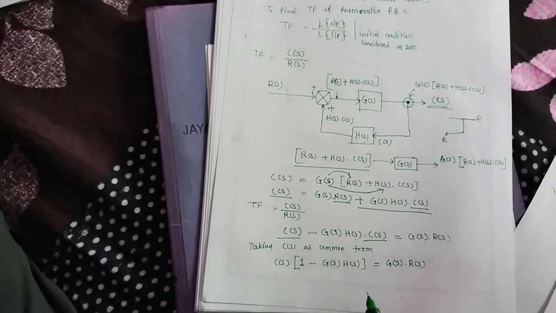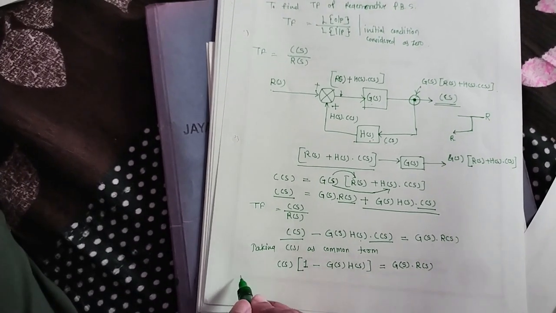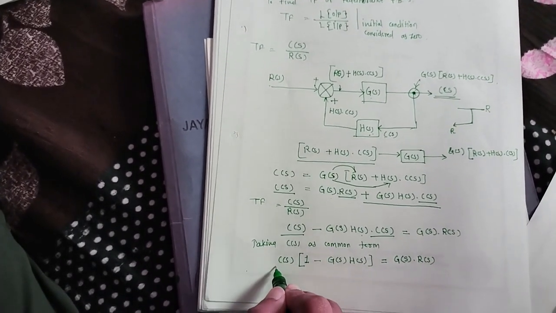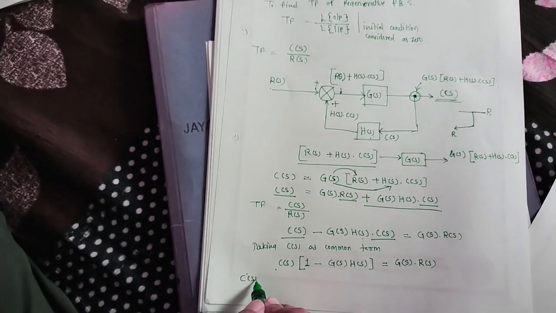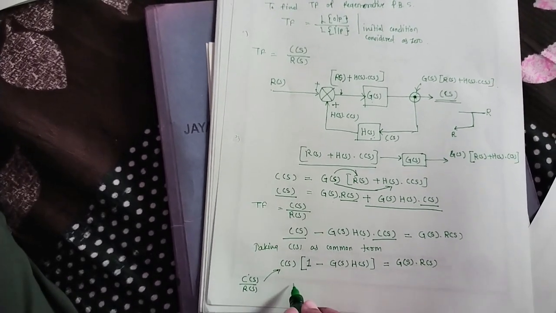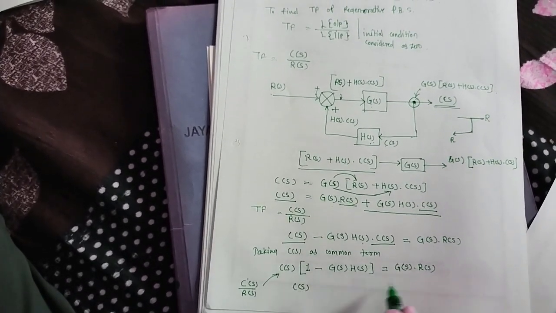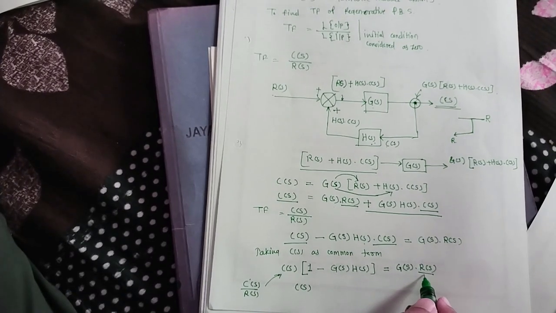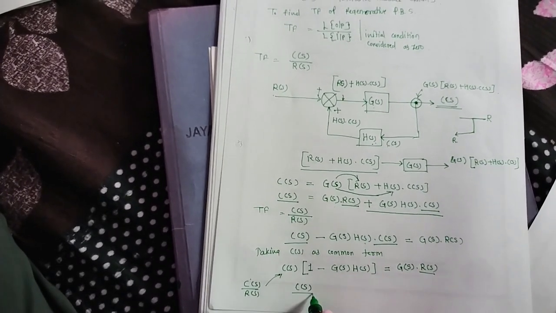Now your transfer function is C of S divided by R of S. By solving this equation, you get C of S divided by R of S, where R of S comes to the denominator side.